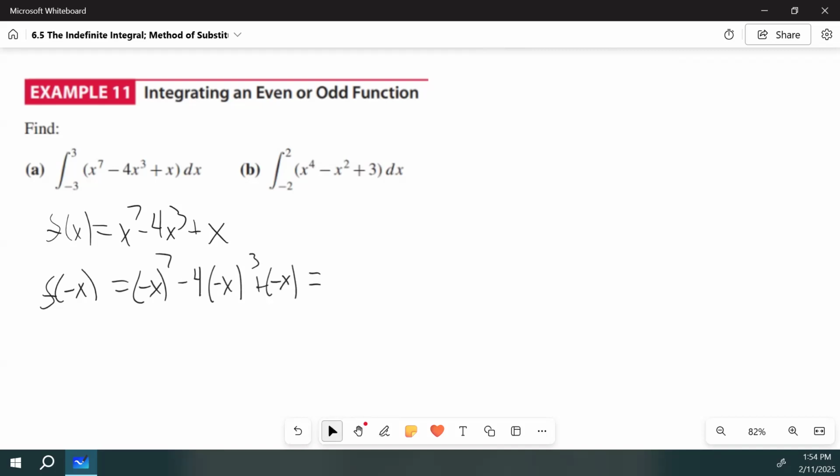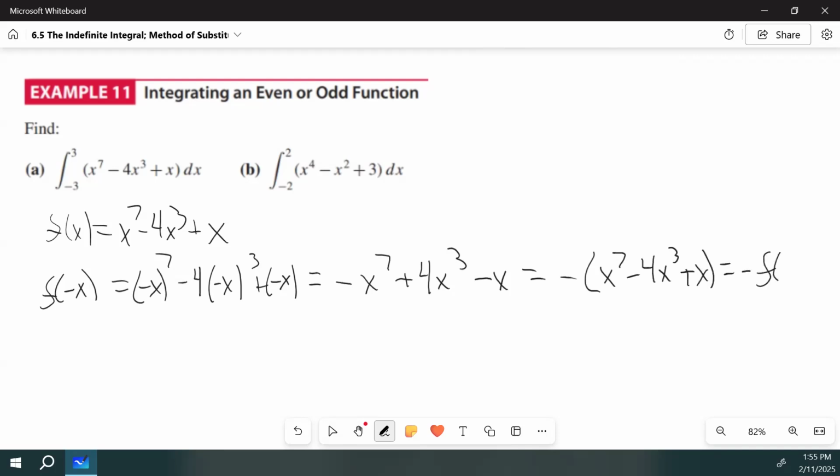Well, since you have a negative number to an odd power, that is going to give you the opposite of that odd power. So in other words, you would have the opposite of x to the 7th plus 4x to the 3rd minus x, which is equal to the opposite of x to the 7th minus 4x cubed plus x, which equals the opposite of f of x.